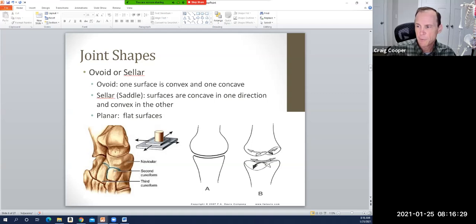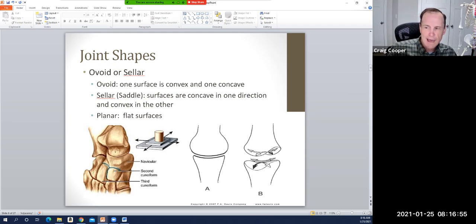And that's the example that we see right here. This could be like one of our IP joints, let's say. This top portion would be the proximal segment. The bottom portion would be the distal segment. The top portion here would be our convex, and the distal segment would be our concave. When we look at a sellar joint, that's what's pictured over here.